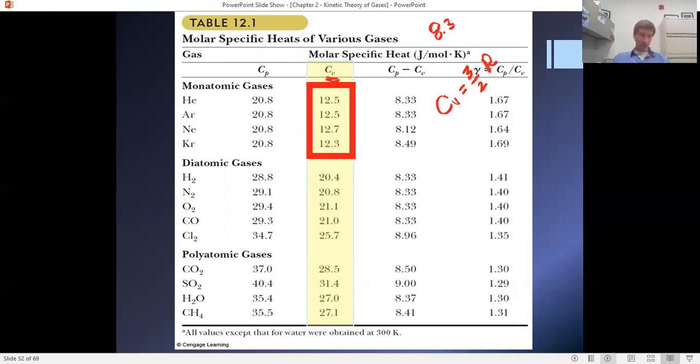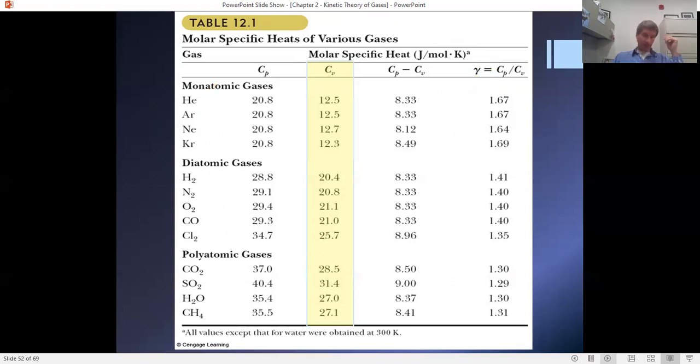Got to be careful here. Molar specific heat for my monatomic gases, my noble gases like helium, argon, neon, krypton. Krypton starts deviating a little bit. So does neon, because they're slightly larger molecules that have a larger van der Waals force, but not really important. We're pretty close to our expectation right here.